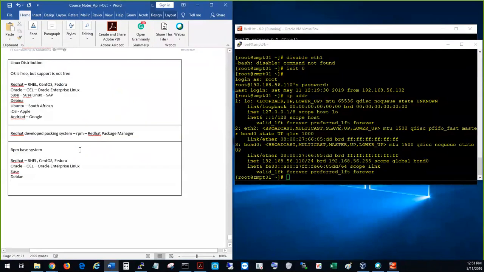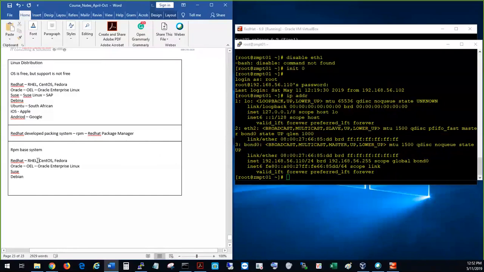Okay, here's a catch. For Red Hat, you have CentOS and Fedora, right? These are the free versions. So if you install CentOS and go to Red Hat for support, they won't be able to give you support for it. You have to install RHEL, even though they are the same exact version down to the smallest grain.